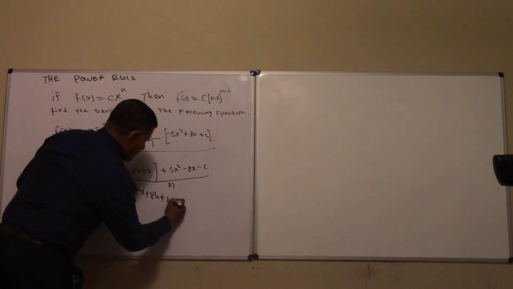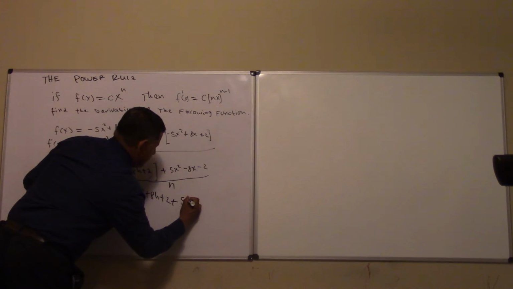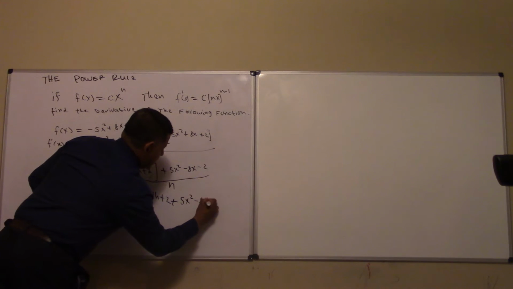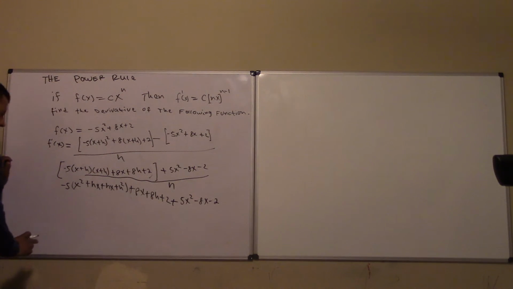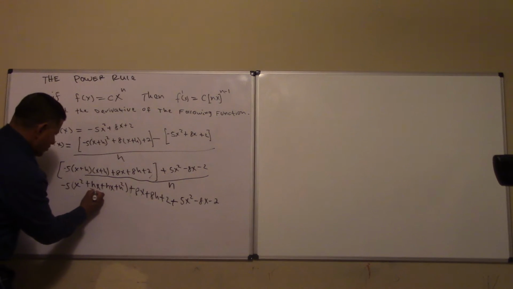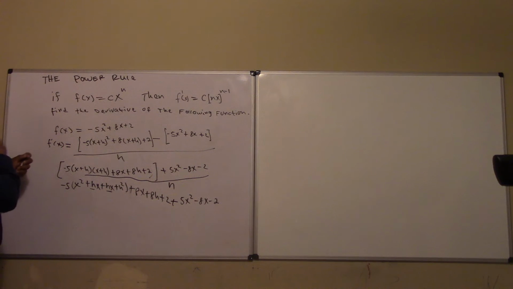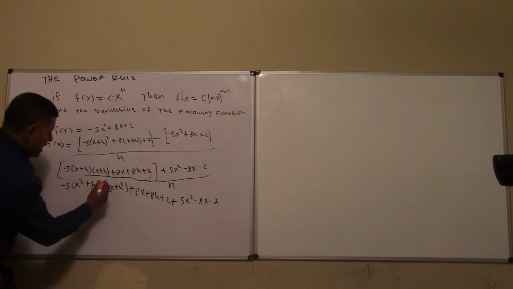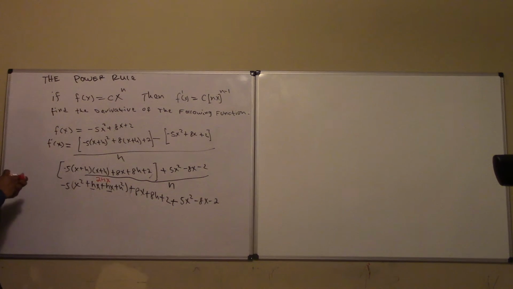And then this becomes what? This becomes a plus 5x squared minus 8x minus 2, right? Now here, remember, when I add these two, that becomes what? Let me use a different color. That becomes 2hx, right?